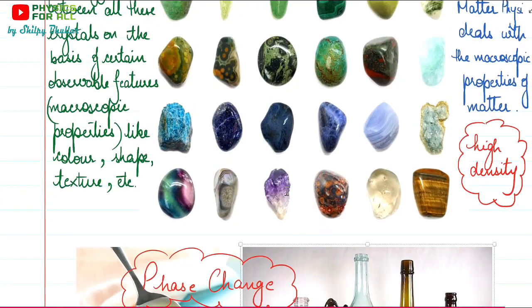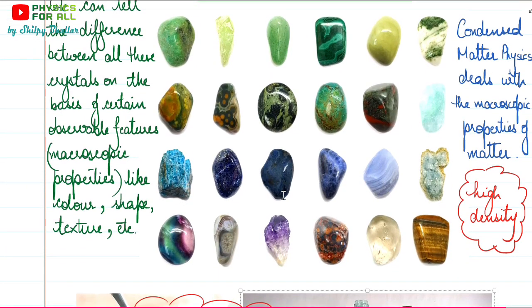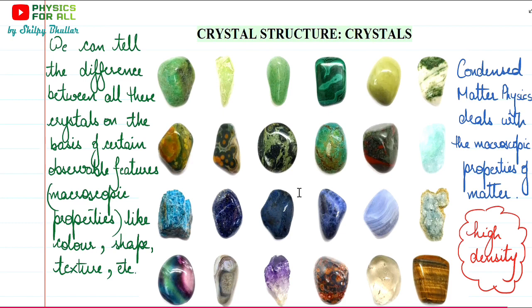Okay, so coming back to crystals, as you can see, a crystal is a solid. It's clearly shown in the picture that they look like solid, and solid is made up of molecules, atoms and ions, and they would be arranged in some pattern. So usually fluid substances form crystals. As you can see here, all these crystals are showing the pattern of a liquid, of some fluid. See, in this light purple crystal, you can see these layers.